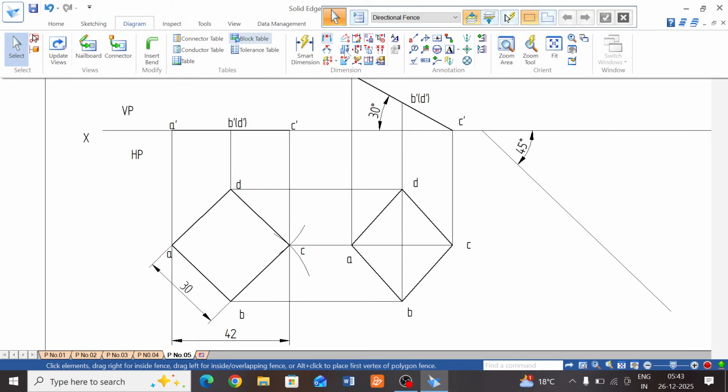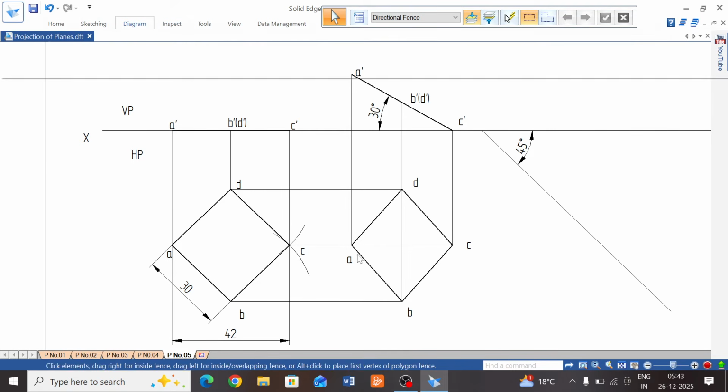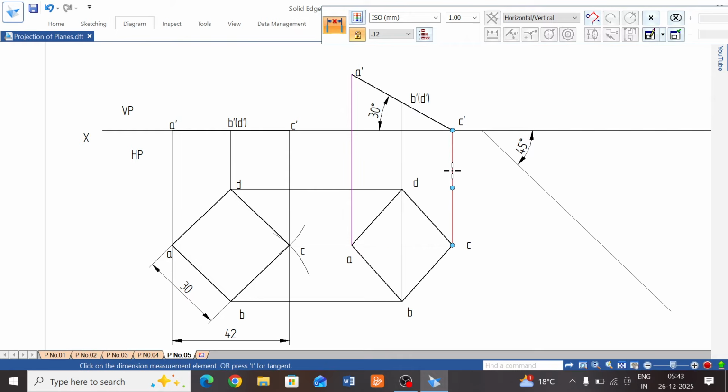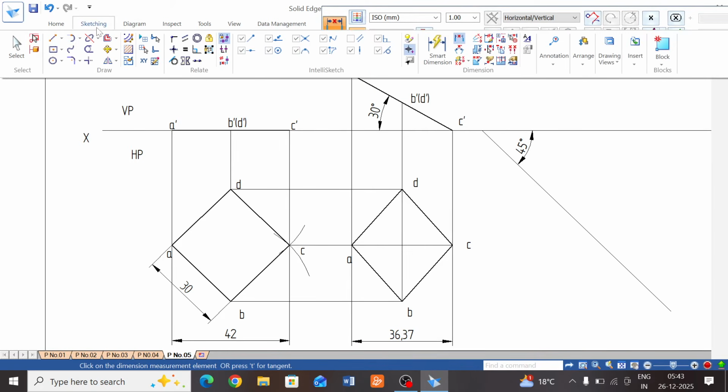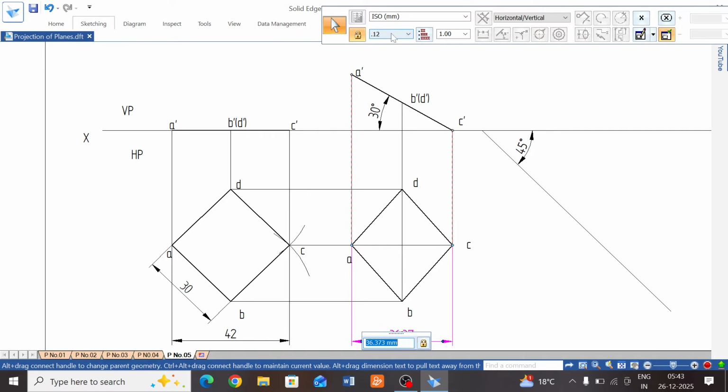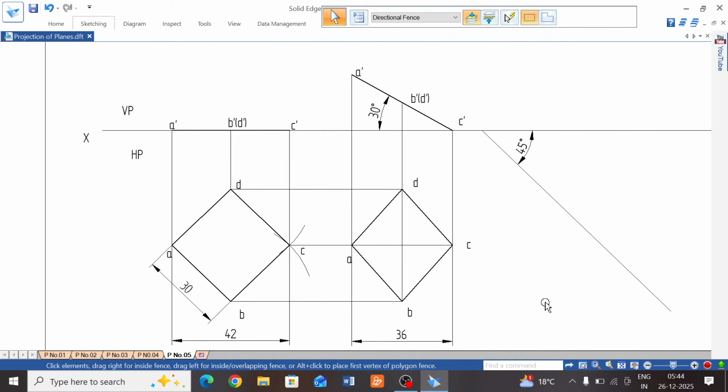Next measure the apparent lamina horizontal distance. Second one, A to C, from this line to this line, and you have to show this dimension neatly without missing. You have to show the dimension of the apparent lamina, 36 mm. 42 and 36.